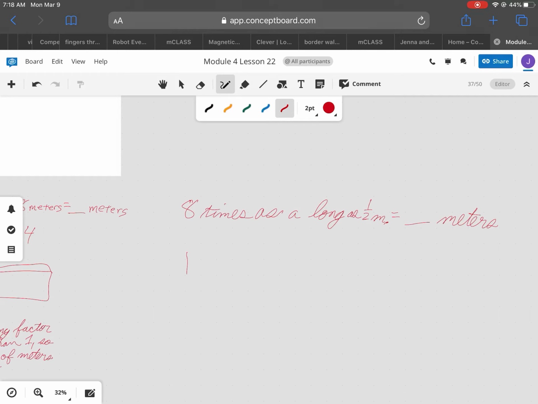All right, so this one's a little different because the tape diagram is going to represent, let me give you the equation first. So this time we have 8 times 1/2 equals 4. So our answer is 4 again. But this is our scaling factor, and this is the amount of meters.